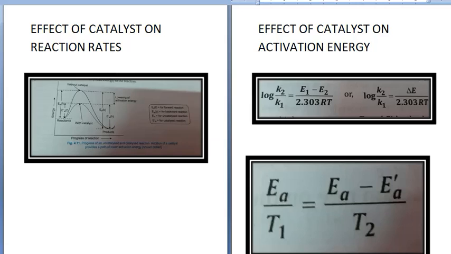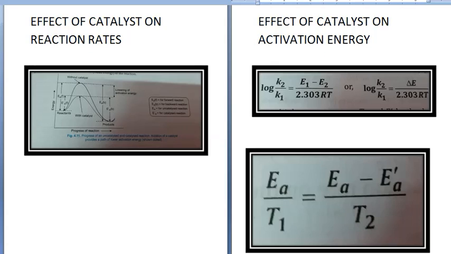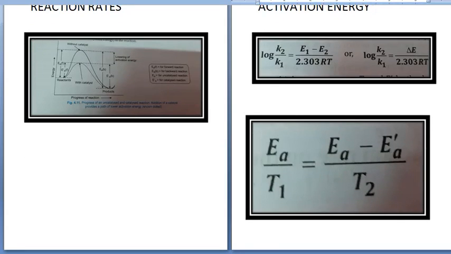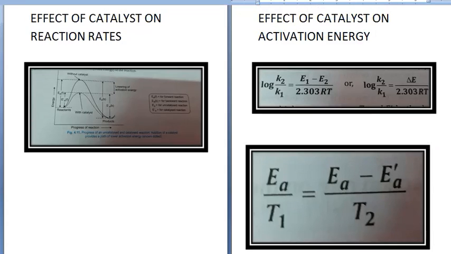See over here, through a graph they have tried to explain the process of an uncatalyzed and catalyzed reaction. So addition of a catalyst provides a path of lower activation energy. See here the graph. There are two curves over here. The lower one is if you add a catalyst to the reactants, it will decrease the threshold energy.